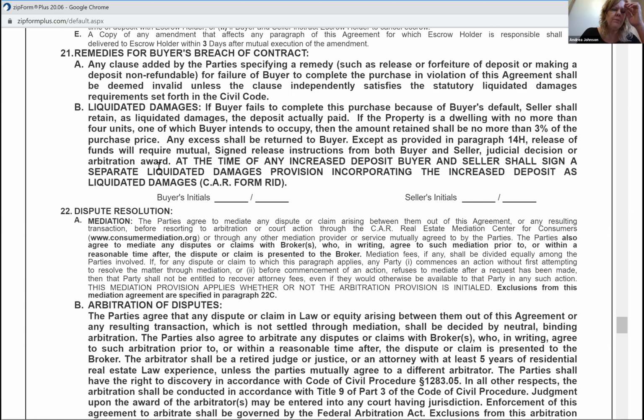Okay, remedies for breach of contract. Remember when we were talking on page 1 about limiting the amount of the earnest money deposit or initial deposit that is made at the time offer is accepted and placed into escrow. We limit that to 3%, and this is the paragraph that governs this.